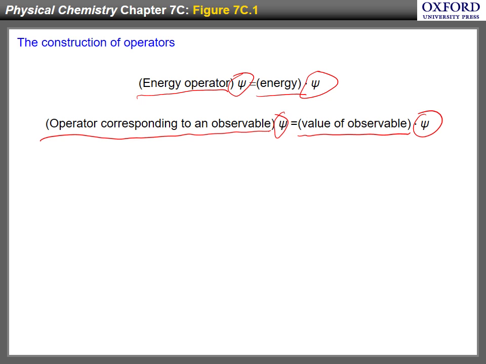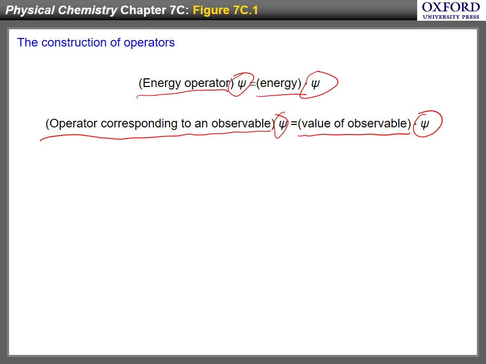And that observable could be any measurable property of the system, such as momentum, dipole moment, and whatnot.